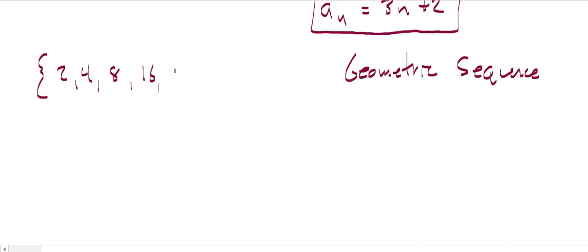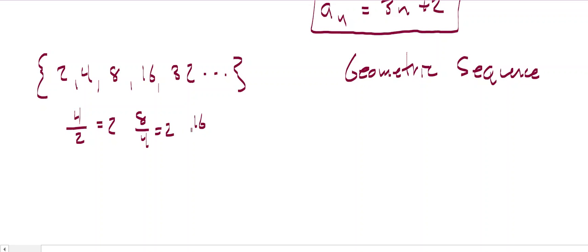This is geometric because if we take the ratio of each term to the term before it, 4 over 2 is 2, or 8 over 4 is 2, or 16 over 8 is 2, etc. The ratio of any two successive terms is constant.